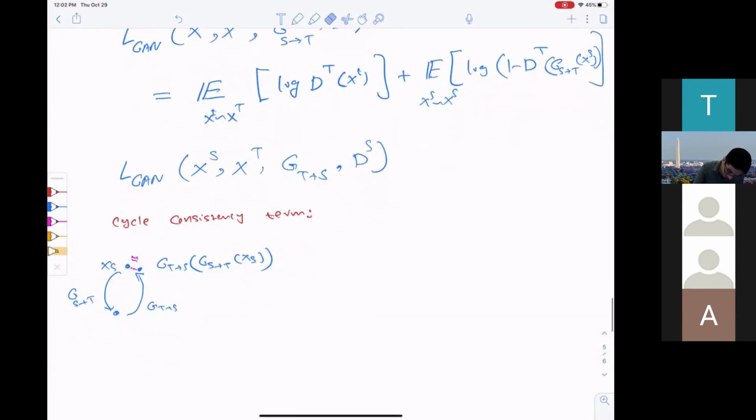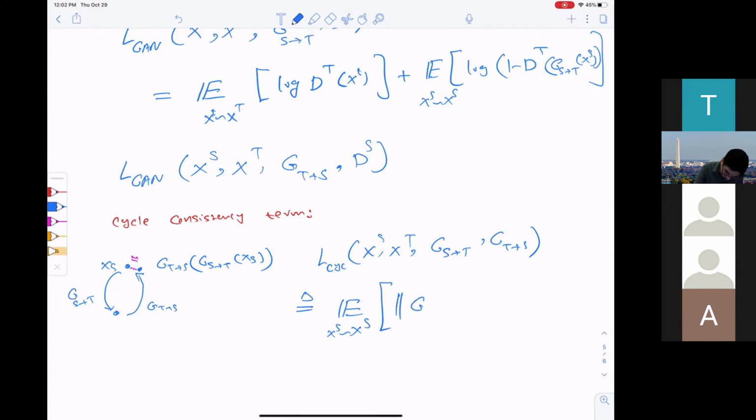So here we have the cycle consistency term between source, target, and the two functions that maps from one domain to another domain, defined as: I'm going to look at all of my source samples. Then I'm going to look at L1 loss between basically the error. If I go to the target domain, come back, what is the error that I'm going to observe?